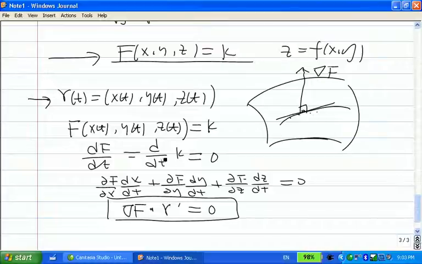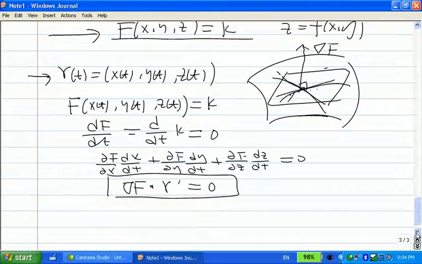I didn't say which curve it is, so it can be any curve on the surface. For another curve, you get another tangent line. So basically this gradient F gives you a vector perpendicular to the tangent direction of any curve on that surface. So obviously that gradient F can play the role of the normal direction for the tangent plane.